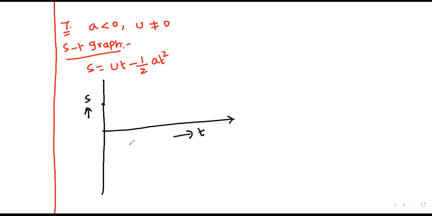After that it is decreasing. So it is also a parabola shape but in the downward direction, like this. That means at a particular value of t, displacement will be 0.